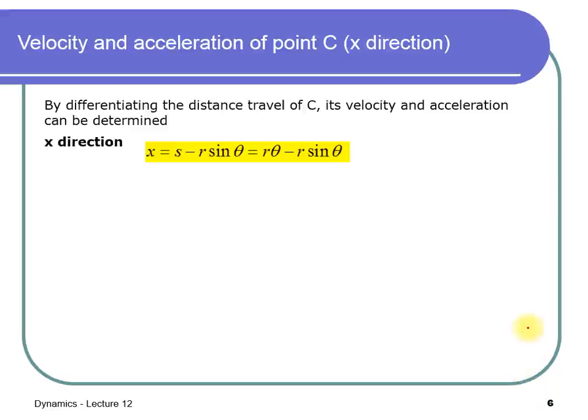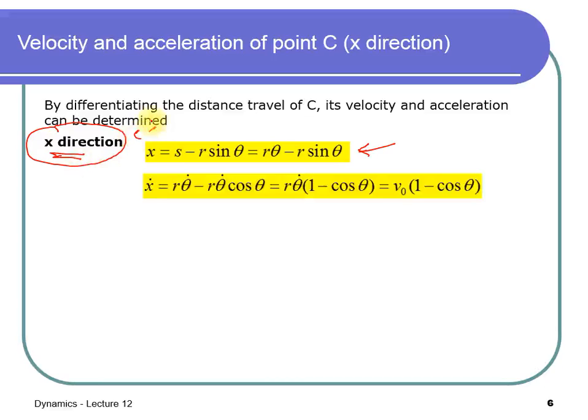Okay, if you remember, the approach of absolute motion analysis is by making use of geometric relation, and then by having the time derivative of the geometric relation, we will be able to obtain the velocities and acceleration of the rigid body. Let's take this equation on the x direction first, I mean the x position of C prime just now.